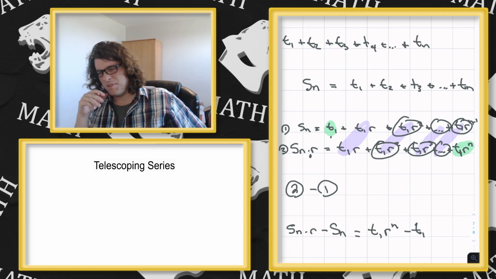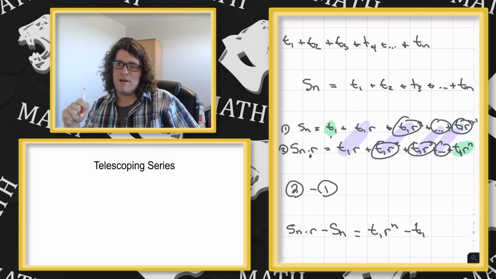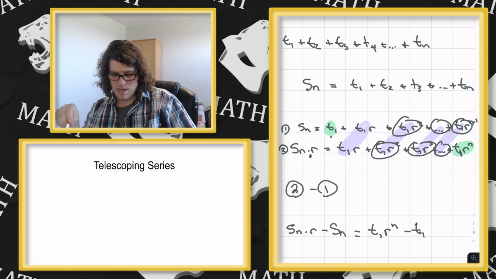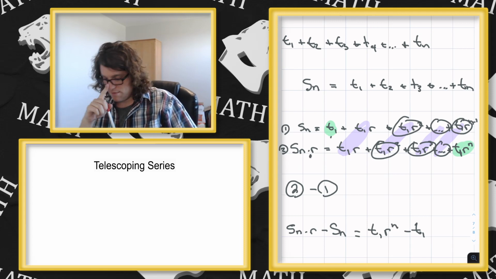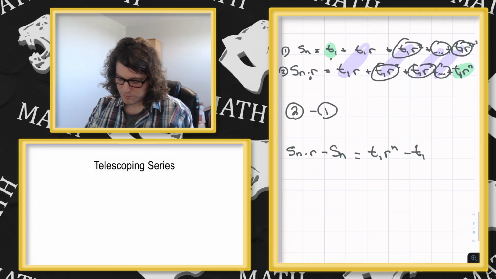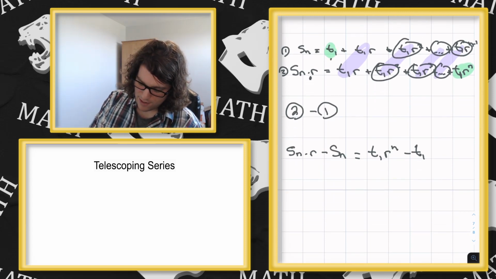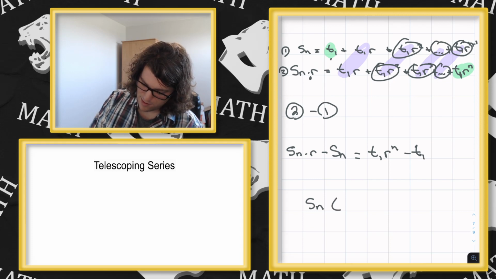So we turned something that was an unspecified number of terms into 2 terms on the left-hand side of my equation and 2 terms on the right-hand side. So if I factor out Sn, which is common on the left-hand side, I'm left with r minus 1.